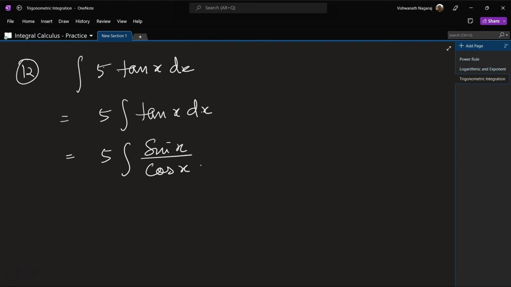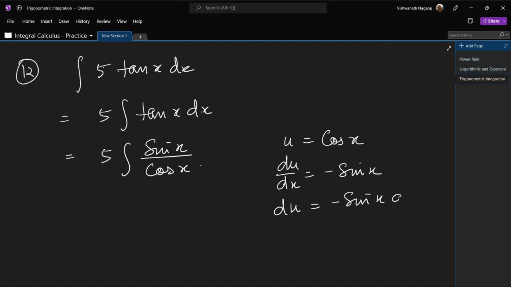So we need to do a little bit of additional work in this case. Let's look at the denominator. Let's say u is equal to cos x. So that means du by dx is equal to minus sin x. That means we can write du in terms of dx. So minus sin x dx.